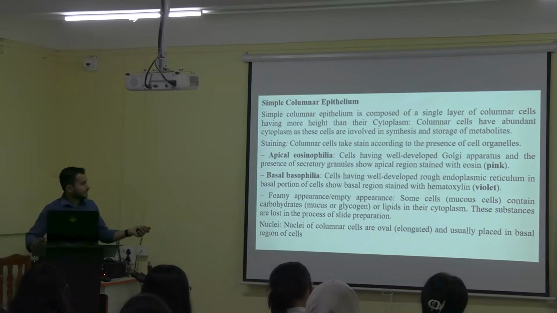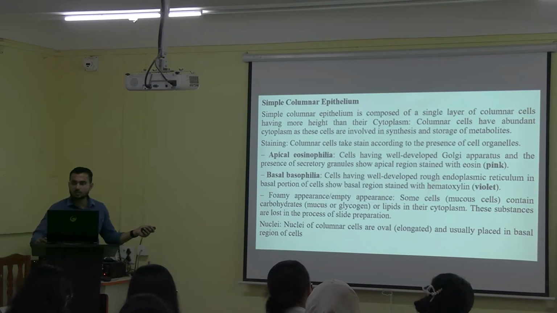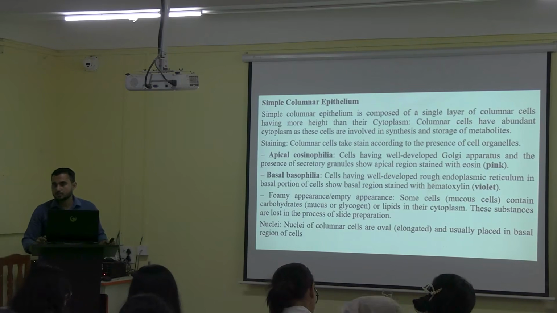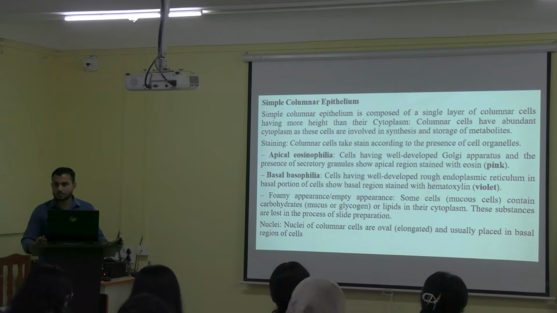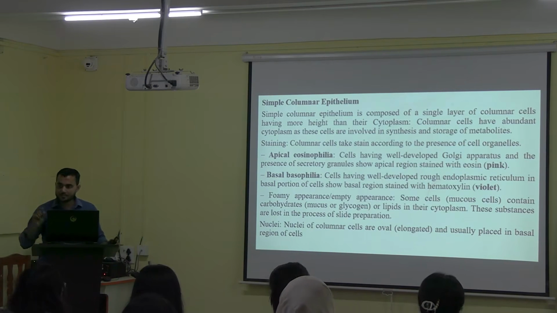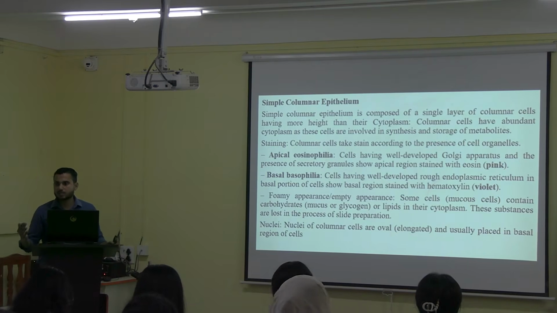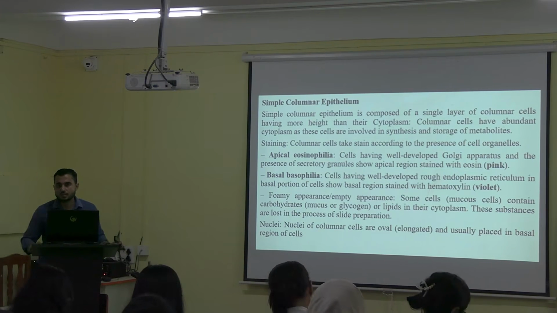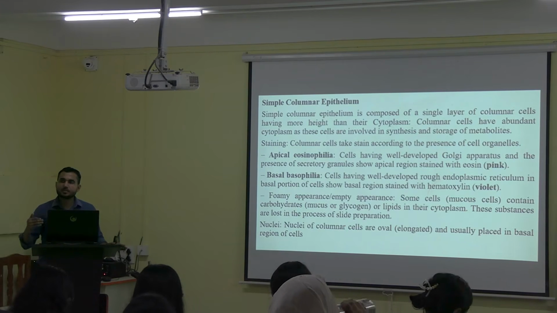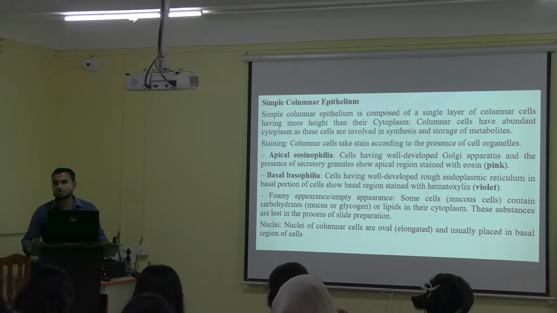Next, foamy appearance is also there. Why is foamy appearance there? Because of the mucous cells. If there is mucus inside the cell, then during the xylene wash, which is one of the steps of tissue processing that we discussed the other day, the mucus is washed away.